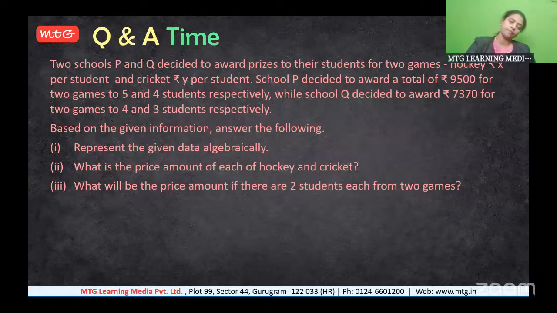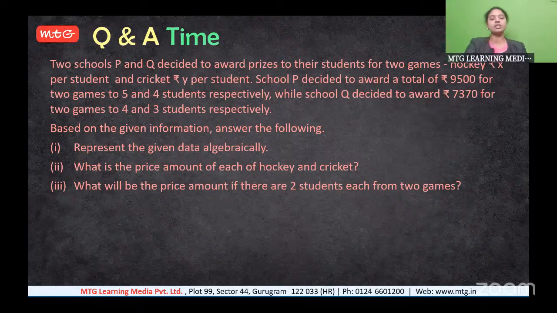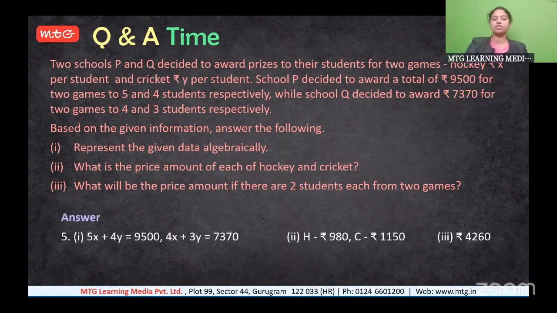Very good. So yes, if you replace the values of x and y for 2 hockey prizes and 2 cricket awards or prizes, you'll get your answer like this. 4,260 rupees is going to be your prize amount.